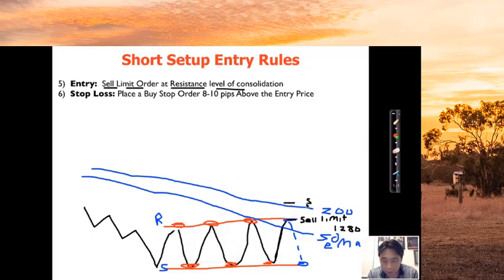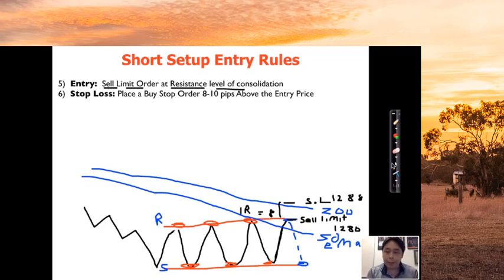Let's put SL, stop loss, which is a buy stop order, at 1288 for example, 8 pips above the entry price. That is my 1 hour distance, which is 8 pips. Again, it could be more than 8 pips, at least 8 pips. It could be 10 pips, and so on and so forth.